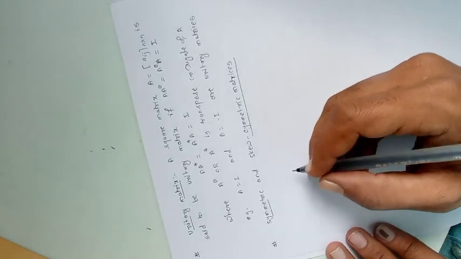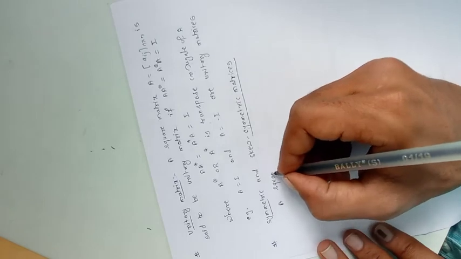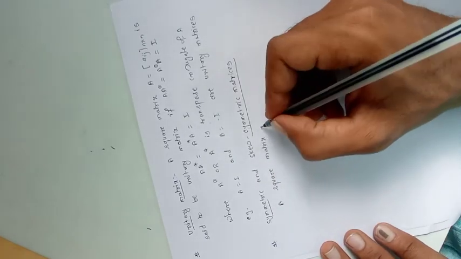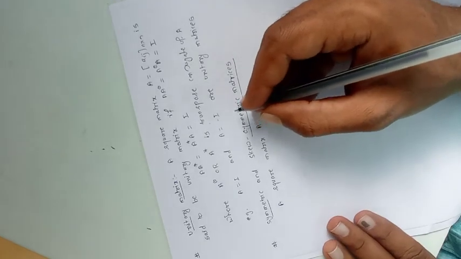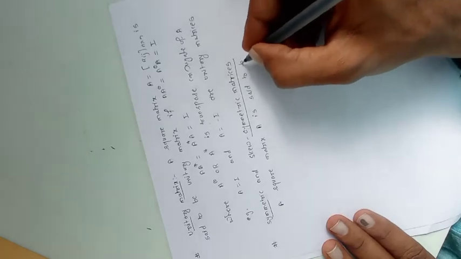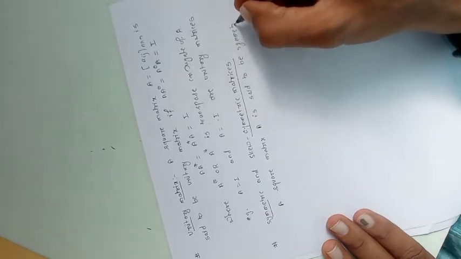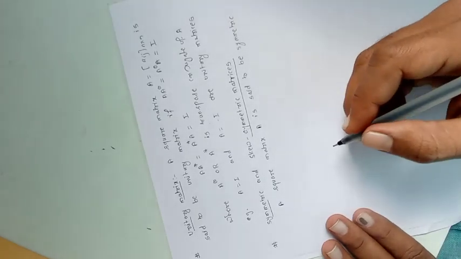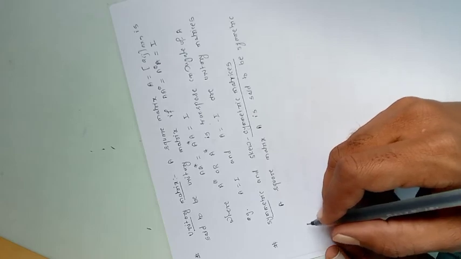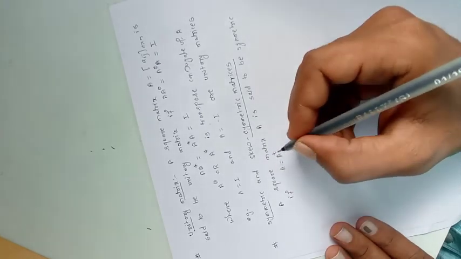A square matrix A is said to be symmetric if A is equal to its transpose.